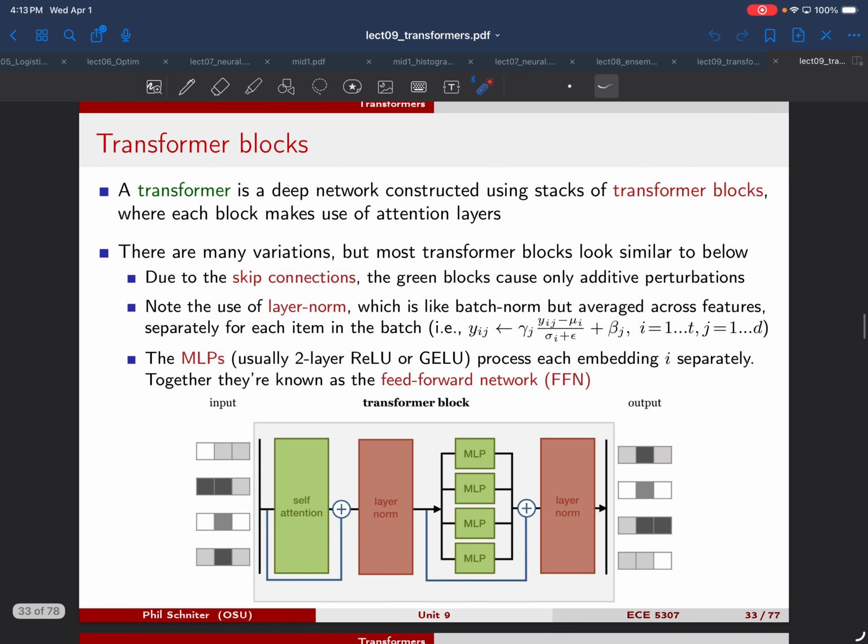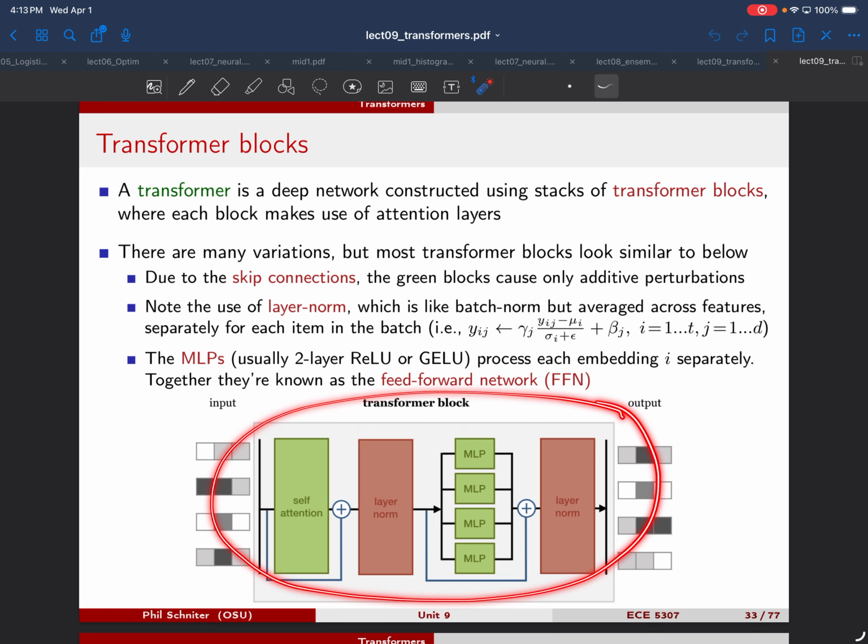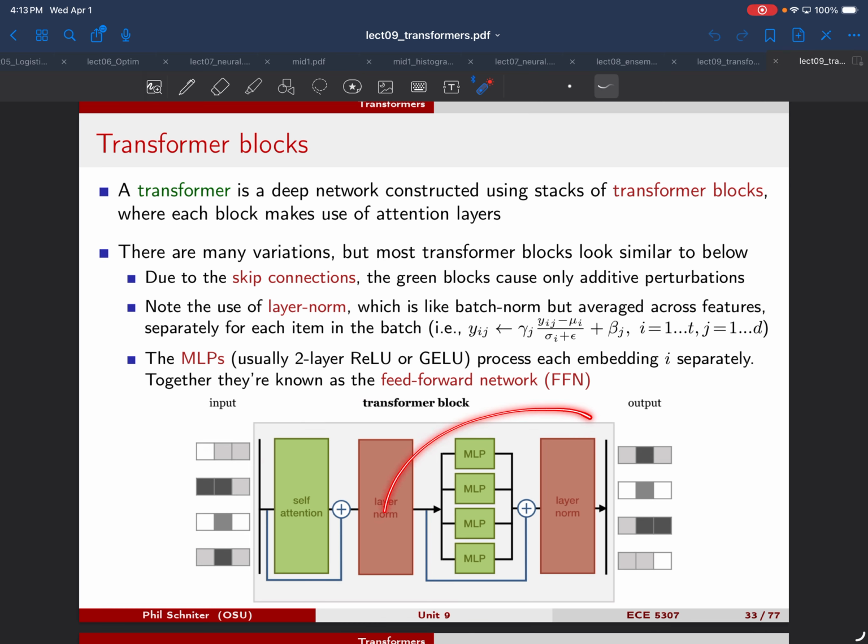And then we said that basically the transformer blocks, so a transformer has a stack of these blocks concatenated, and the first half is self-attention, the second half is the feed-forward network. Here's the self-attention block that we just discussed, and it is surrounded by a skip layer.